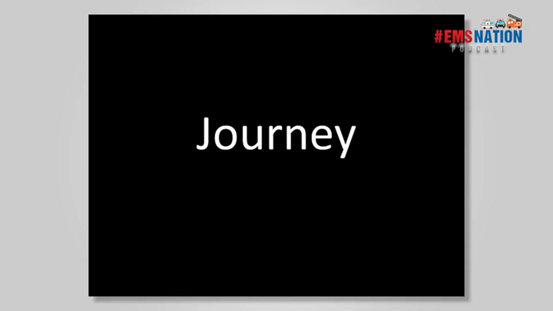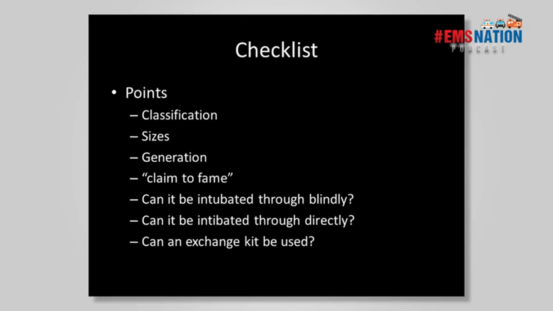All right. I'm a big fan of checklists, especially for critical procedures. So I'm doing a critical procedure right now, which is trying to affect change. So I've got my checklist for this talk, okay? I'm going to show some photographs of some devices. My checklist for each device is I'm going to give you the classification. I'm going to talk about what sizes they're available in.